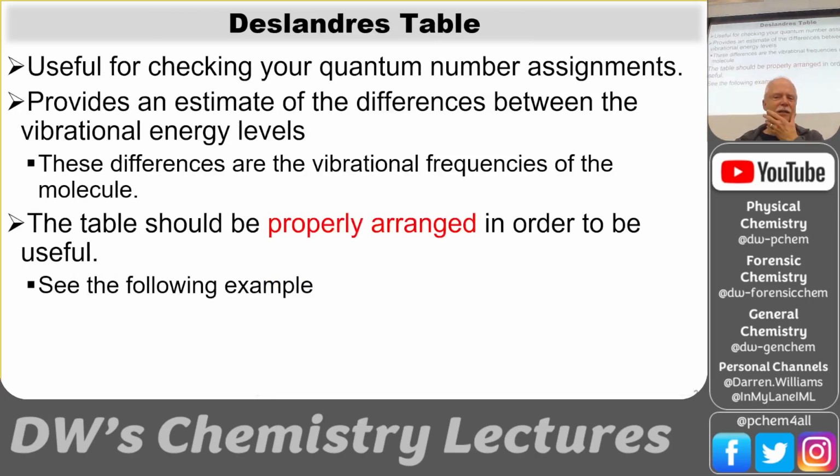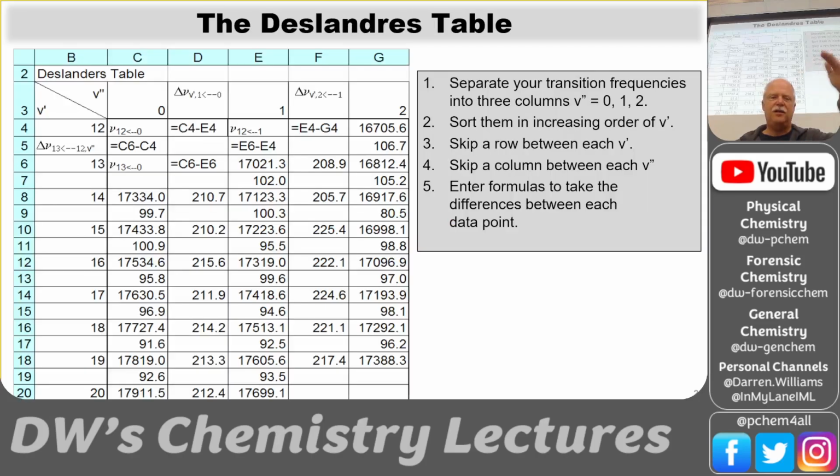And then you can make a Deslandres table. This is required for the lab, and it's good for checking your quantum number assignments. It's kind of a tough table to make, because it's not easy to just copy your formulas down, because it's alternating formulas. What we have across the top are the V double prime quantum numbers, so this is the V double prime 0, 1, and 2.